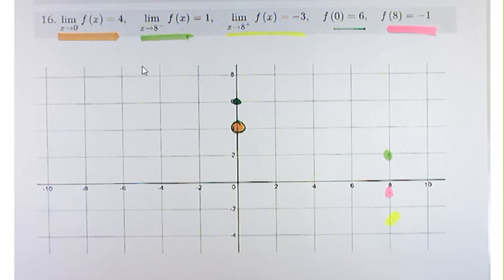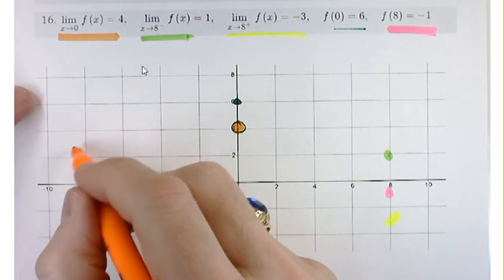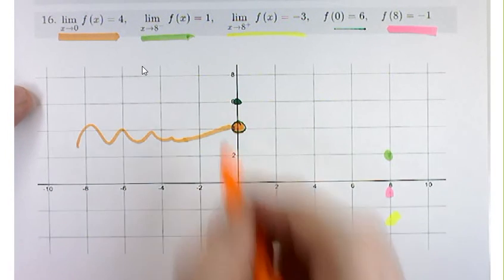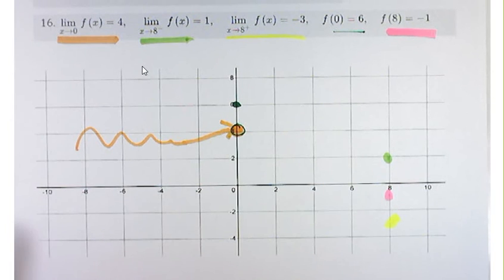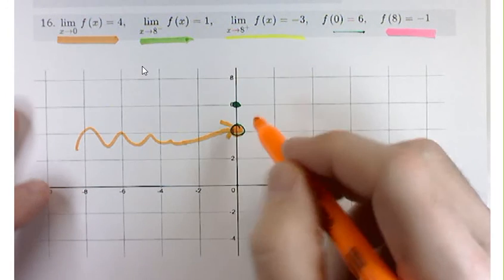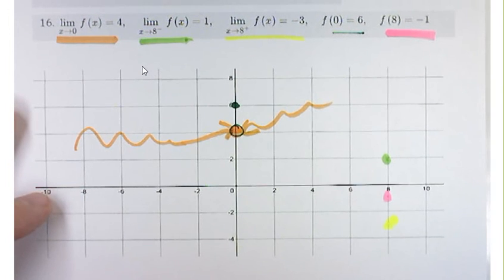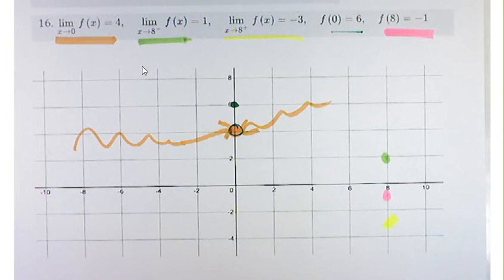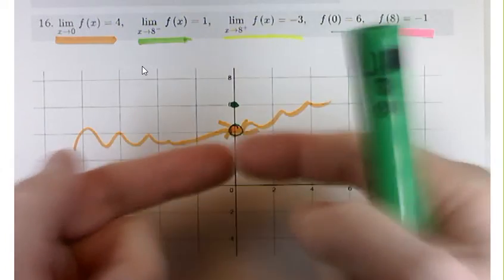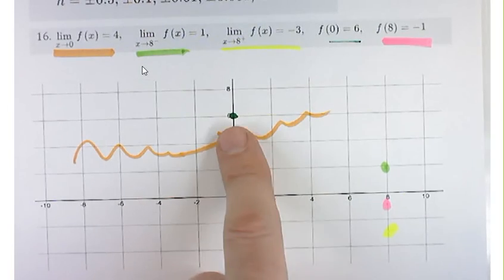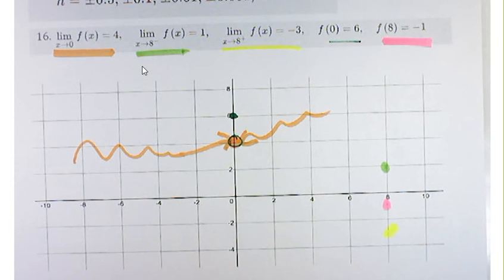So somehow or another you have to draw a function that as you come in from the left eventually settles down here at 4. And as you come in from the right, same thing. Now it doesn't matter what you draw in between, but those things have to be there. That shows you the limit from the left and the limit from the right are both equal. Now the actual value of the function is different there. That's okay.